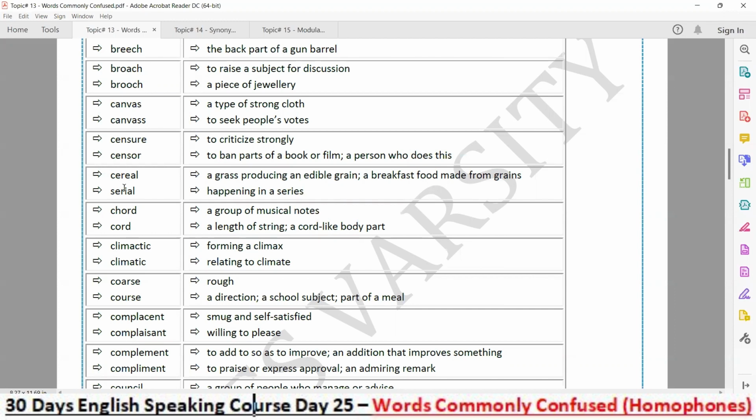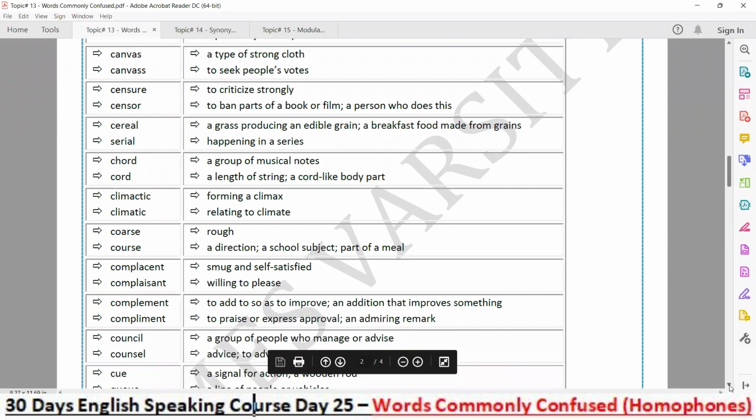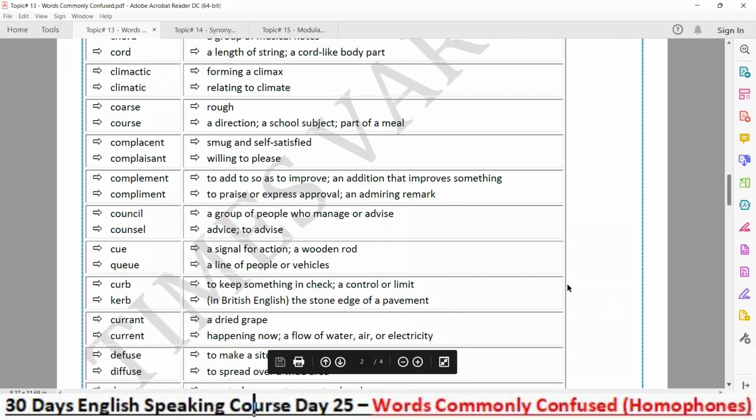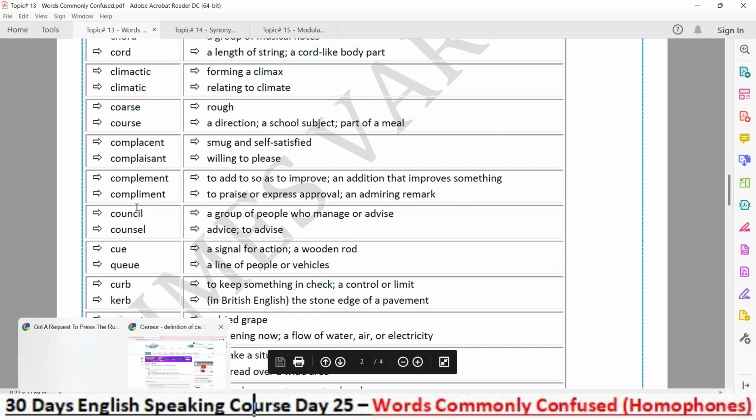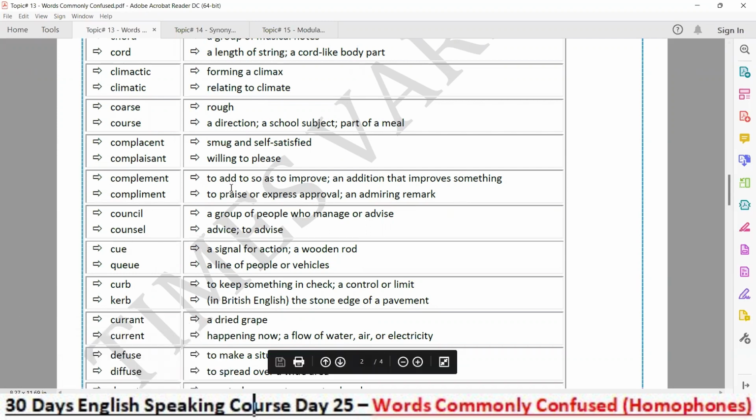Look at this one. This is cereal, and serial. So you can see some words with similar pronunciation are like this. You need to identify and make sure. Complement, to add so as to improve, an addition that improves something. Compliment, to praise or express approval, an admiring remark. So you see in both cases, pronunciation is the same, spelling is different, meaning is different.